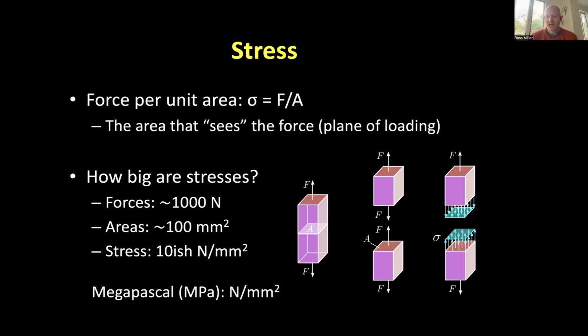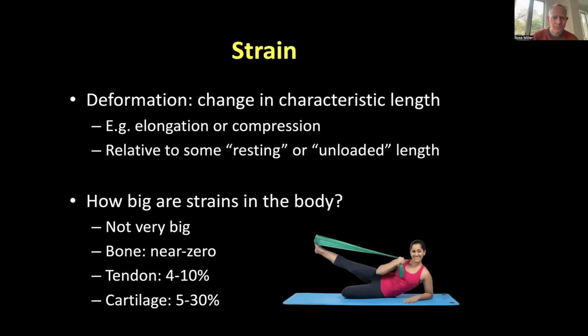So we introduced this concept of stress last time. Stress is the force or load that a tissue experiences divided by the area that load is spread out over, or the area that sees the force, the plane of loading of that force. Now, the mechanical consequence of stressing a tissue, applying a load that's distributed over a certain area, is called strain.